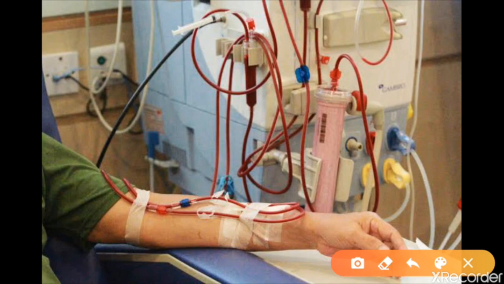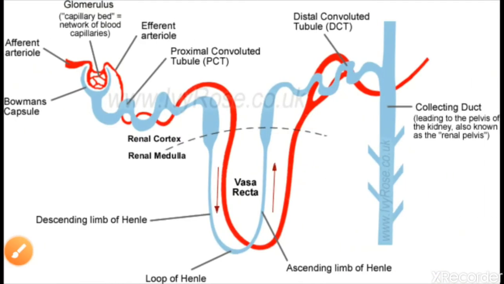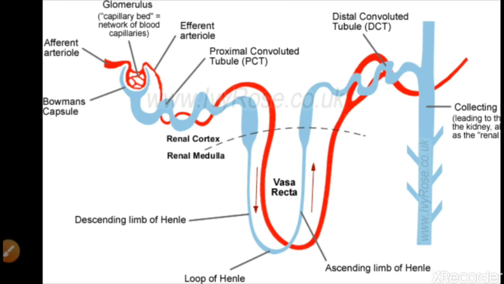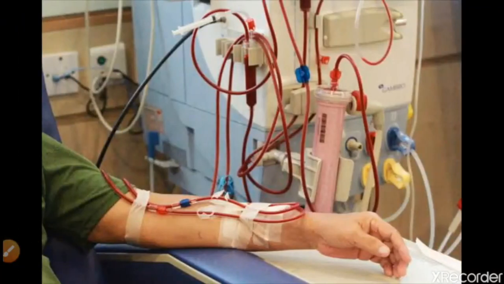The reabsorption that was performed in the PCT and DCT, and the loop of Henle also reabsorbs water, but in dialysis there will be no reabsorption of the materials. So there is very little chance that they will survive for a long time. That's it for this chapter.